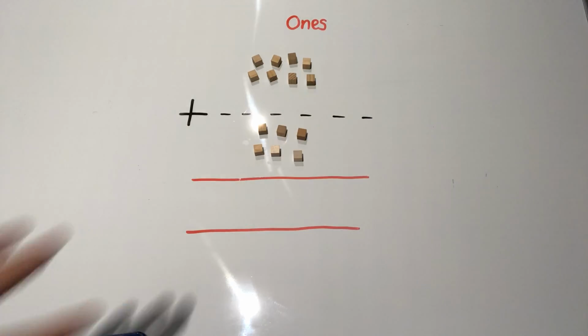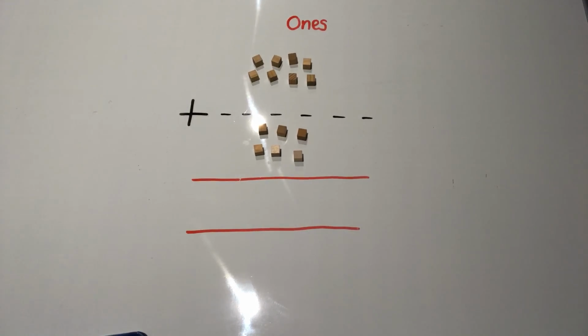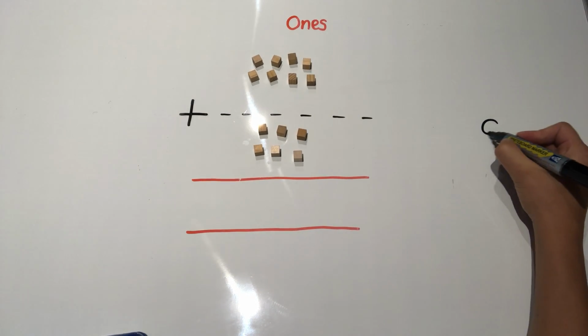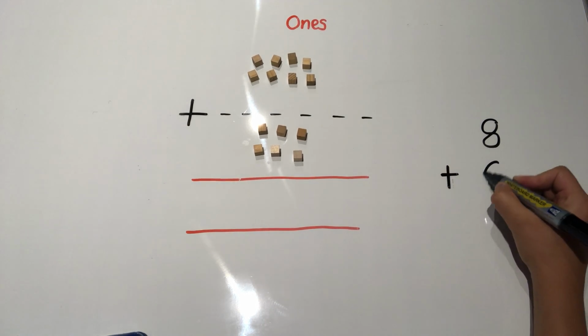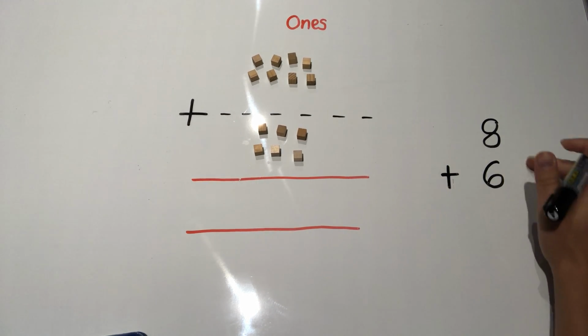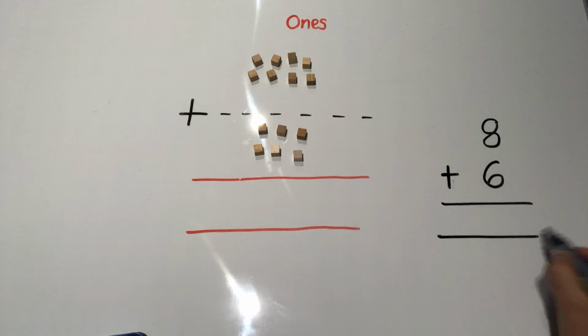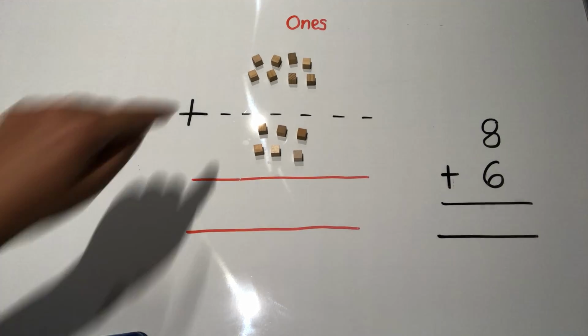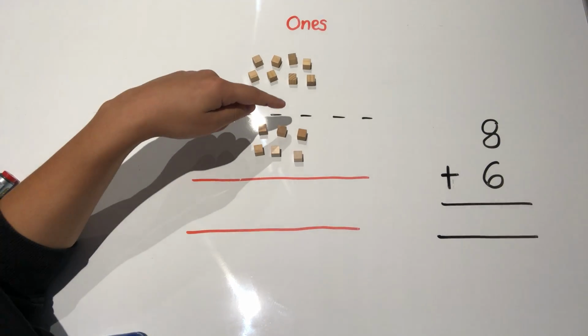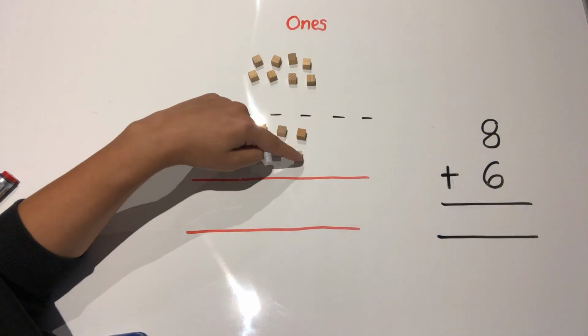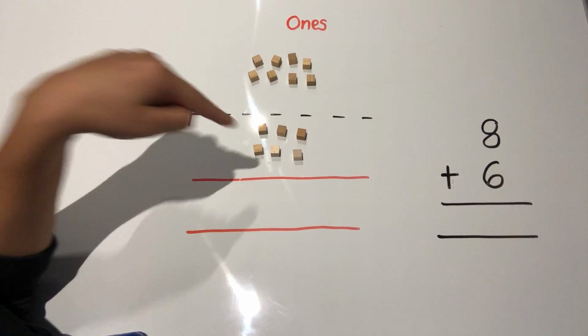We're still just only using one-digit numbers, so we only have our ones column. So to write it out vertically, we make sure that the 8 and the 6 are above one another. So 8 adds 6, I'm going to start with the larger number, and I'm going to use my materials to help me add these together. 9, 10, 11, 12, 13, 14.